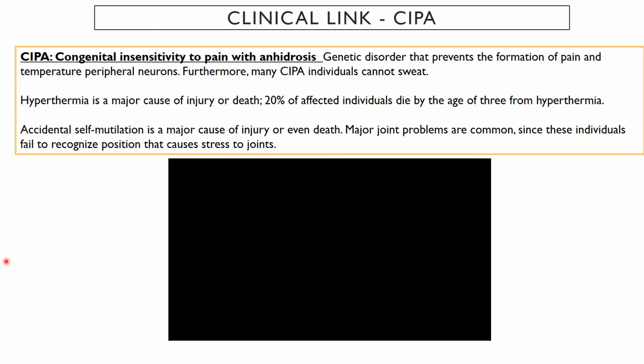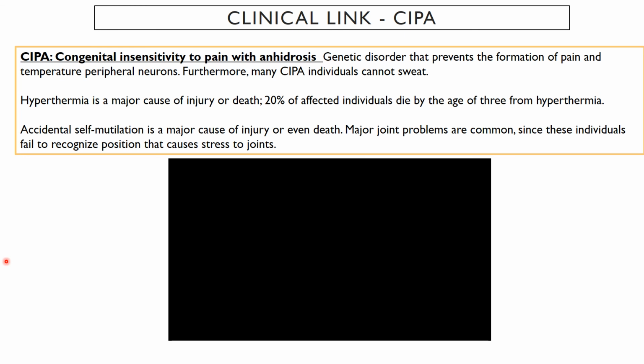I wanted to finish up this lecture talking about an interesting, although relatively rare, phenomenon around pain, and that is referred to as CIPA, or congenital insensitivity to pain with anhidrosis. This is a genetic disorder that is quite rare.